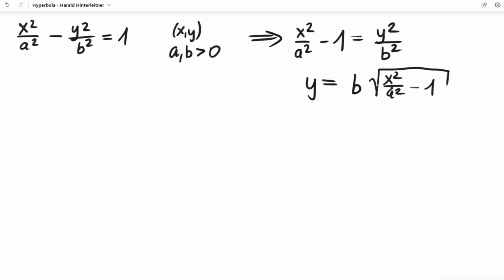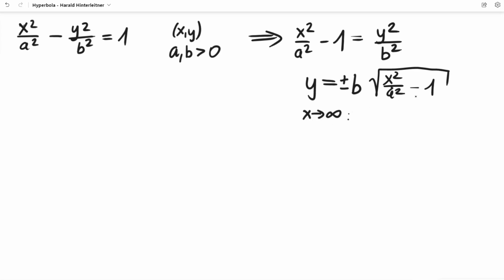If you extract the root, you have to consider plus or minus. Don't forget this. So, in order to sketch this, we wonder what happens if x goes to infinity. So what happens for very large x values?